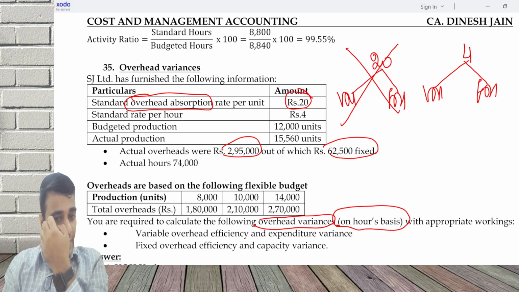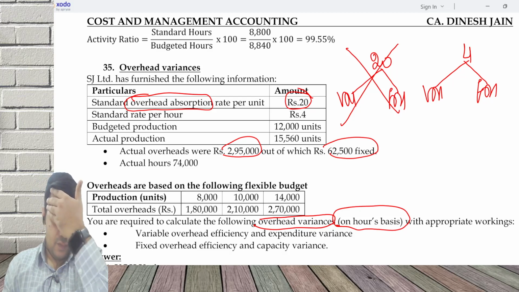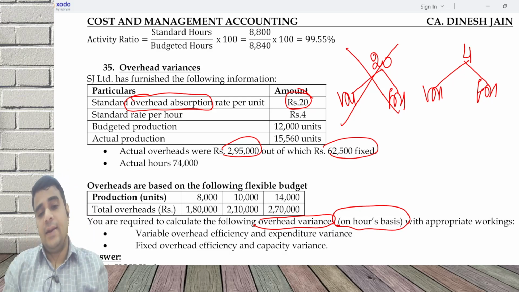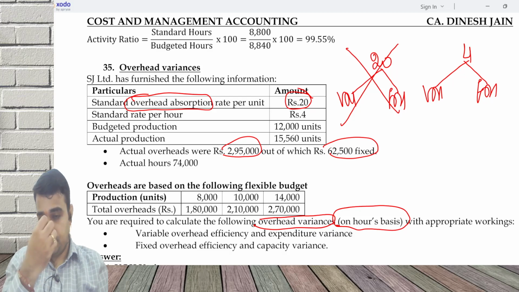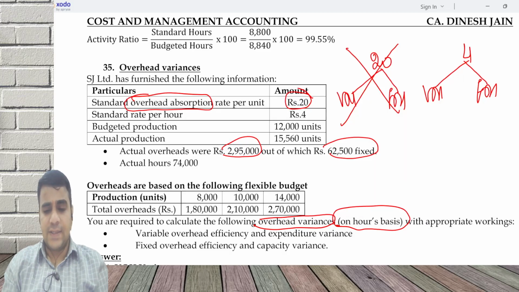Any idea how do I start this? What can be the starting part? How do I bifurcate this 20 and 4? How can we get the standard rate for variable overhead and for fixed overhead? Any idea? Anybody, any information? Participate, right or wrong doesn't really matter.